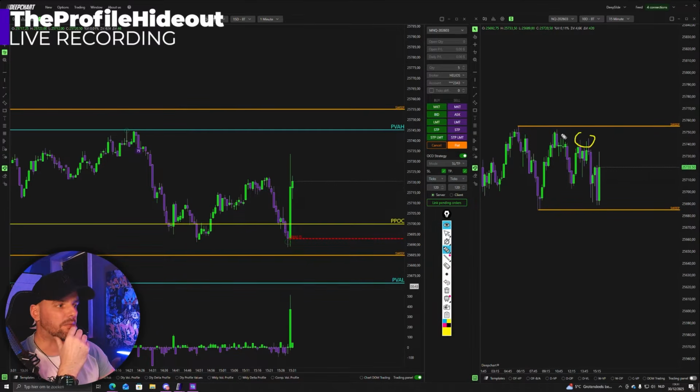Especially with that much liquidity on top. If price trades here, price is able to do a lot of business up here, so it's very, very likely for price to get on top or get below here. And if it's not, then I don't want to be part of it at all, because then the volume is just not there.